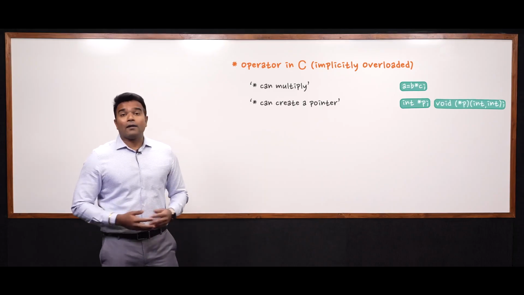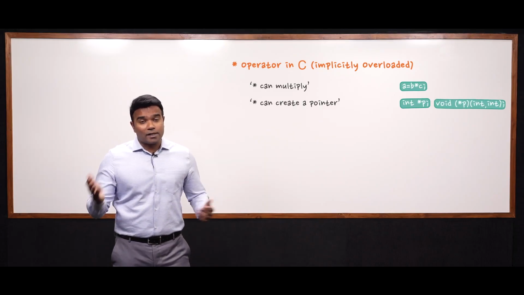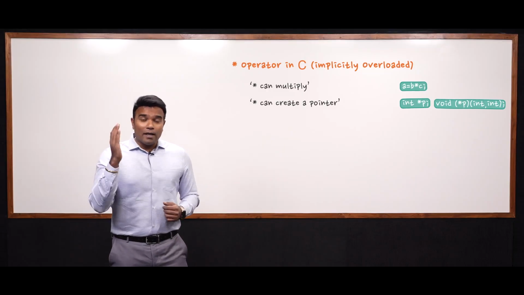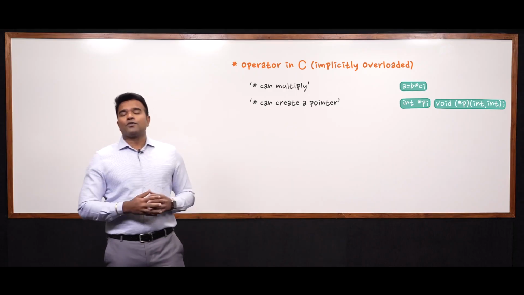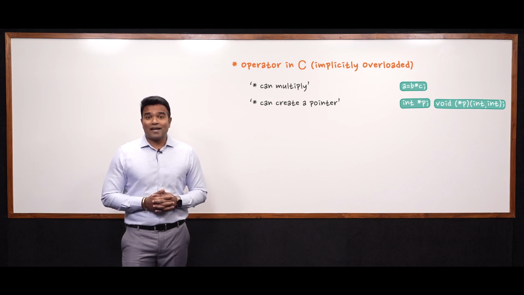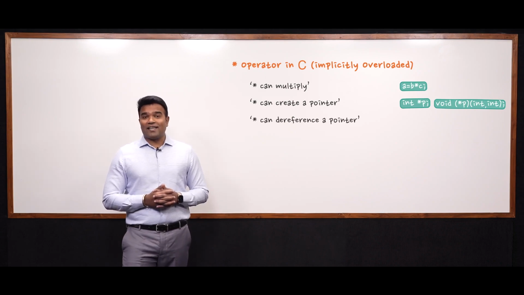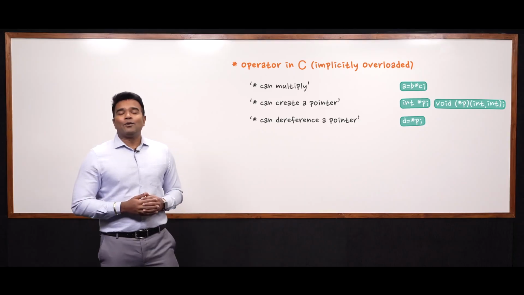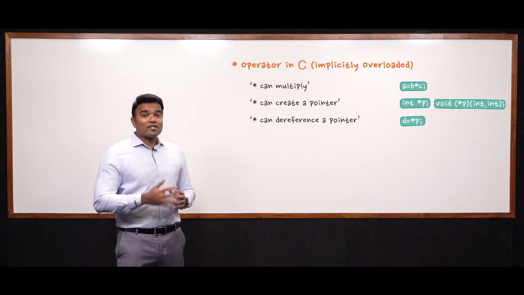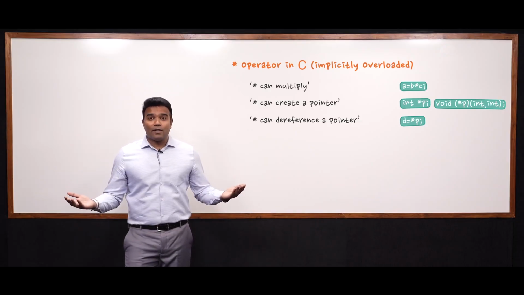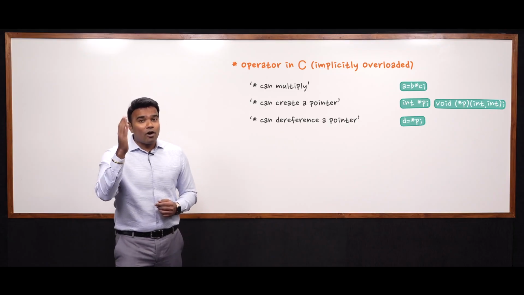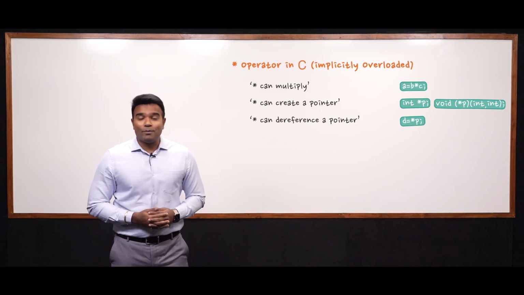This is the way I can create a function pointer, and again you can notice I have made use of the star operator there as well, which means that star in C language is not only used for multiplication, it's also used for pointer creation. And not just that, star is also used for dereferencing. What is dereferencing anyway? I would speak about it moving forward, but the very fact that the same star can perform 3 different activities, or in other words, it is this overloaded star which is putting a lot of confusion into the brains of beginners.